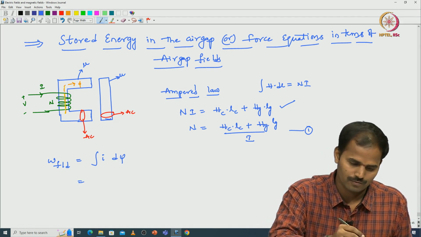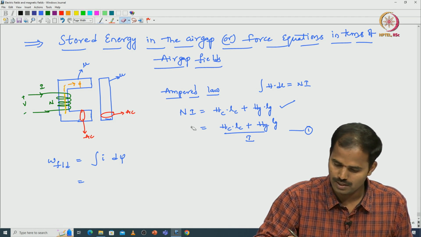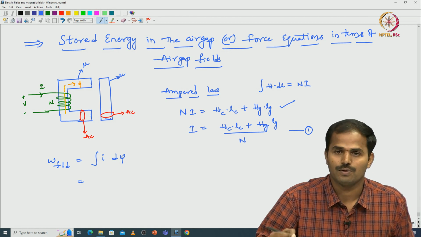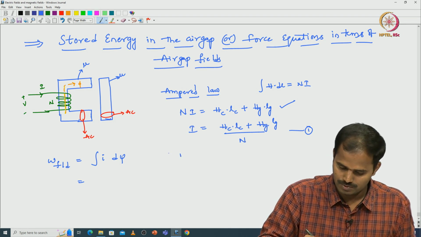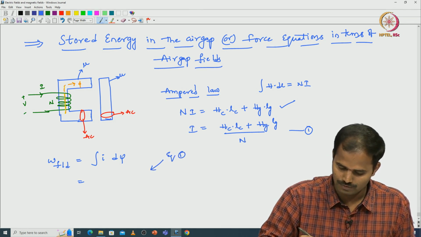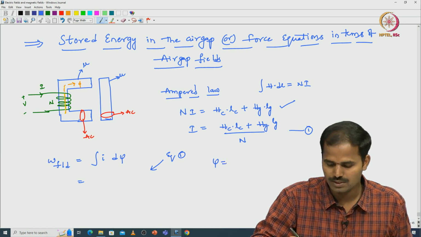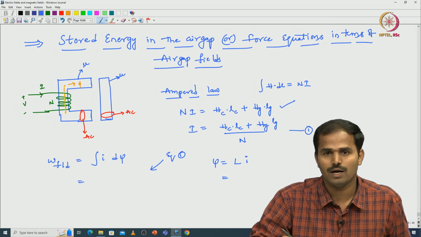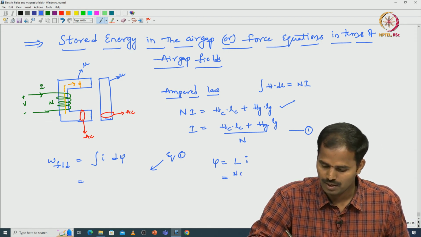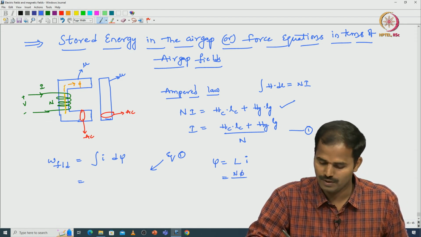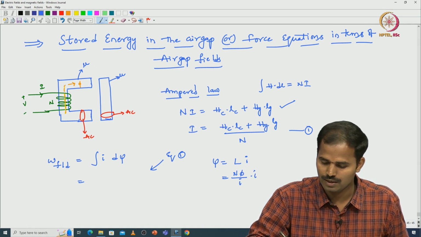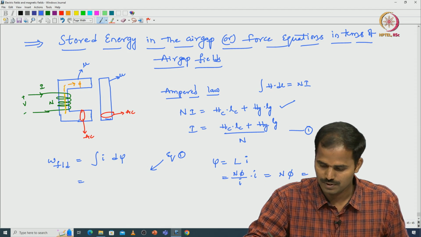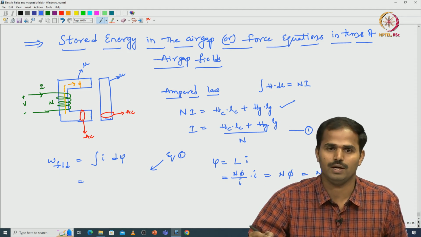For easy understanding, we can replace I and N. Flux linkage is equal to L into I. Here inductance is nothing but N into flux divided by I, into I. So, it results in N phi, that is equal to NBA.